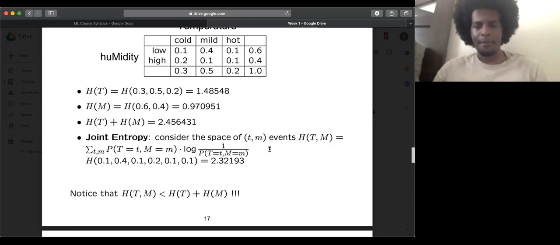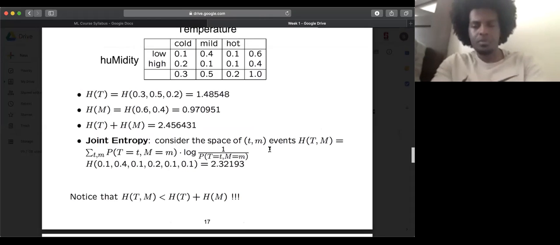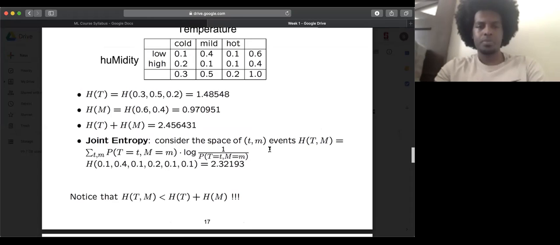Yeah. I think another way, can you guys hear me okay? Okay. Another way to think of it is that you now have a better idea of the relationship between the temperature and humidity by taking the joint probability, because you're using joint probabilities as your input to this calculation.